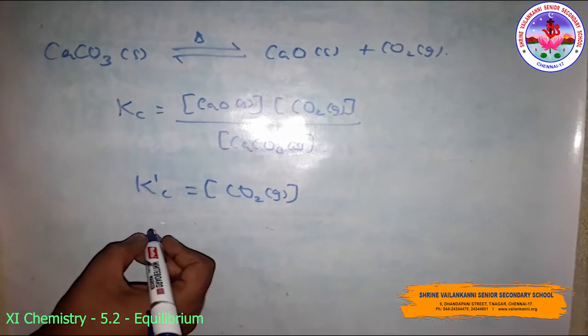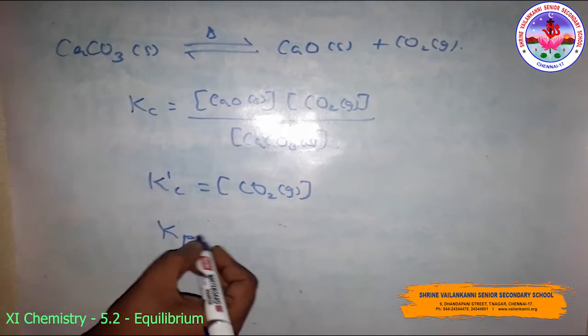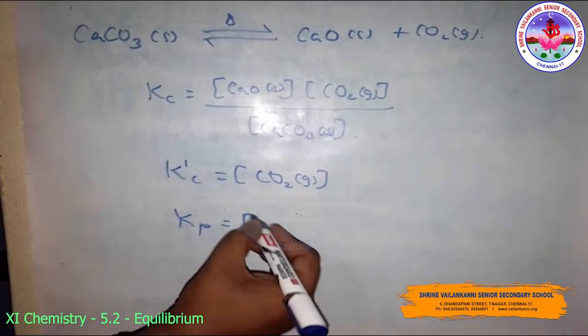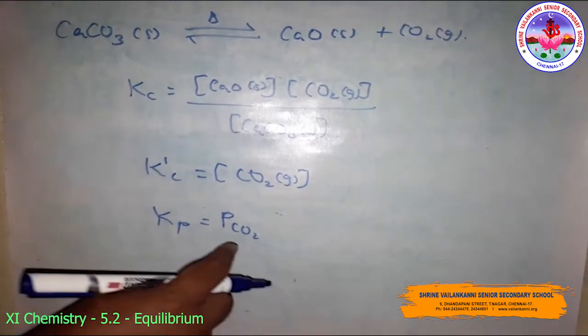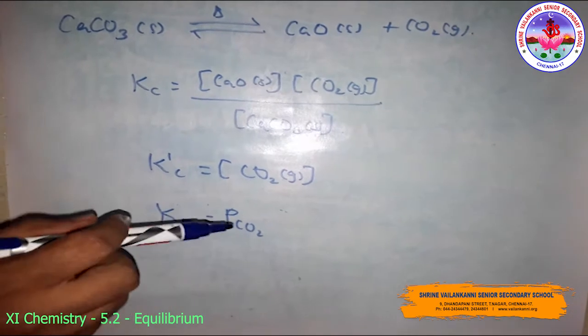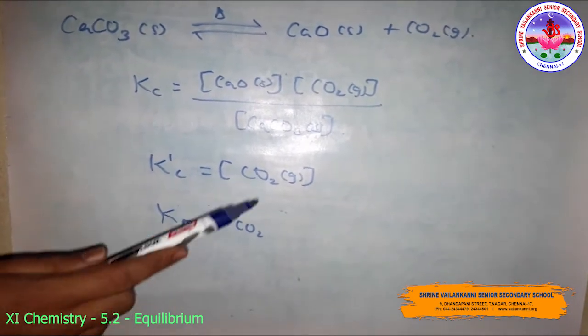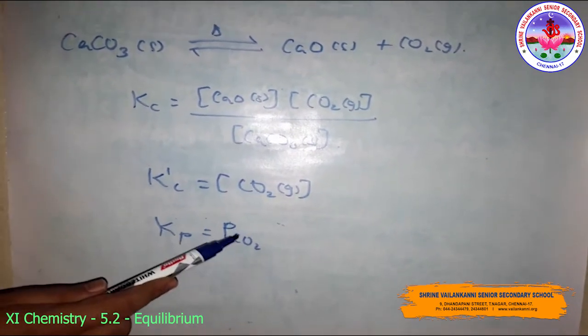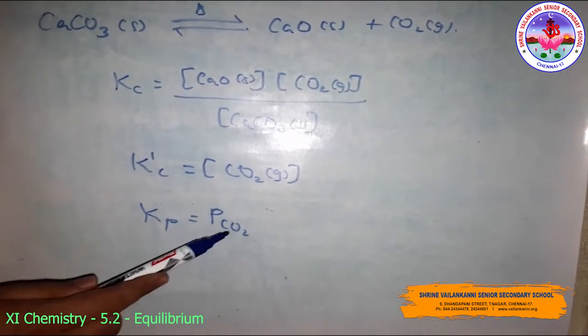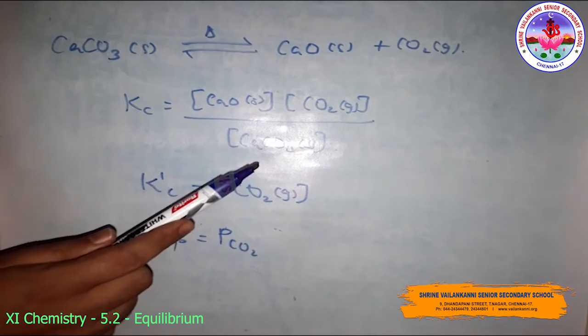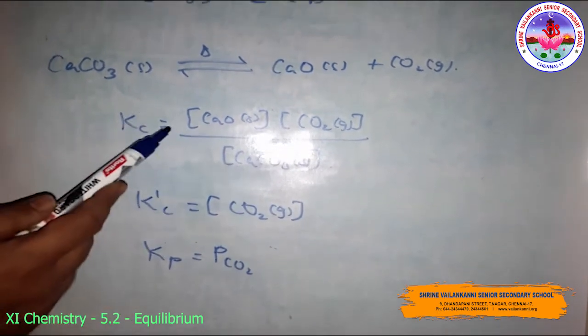So that means Kp is equal to pressure of carbon dioxide. So this shows that at a particular temperature there is a constant concentration or pressure of the carbon dioxide in equilibrium with calcium oxide solid and the calcium carbonate solid.